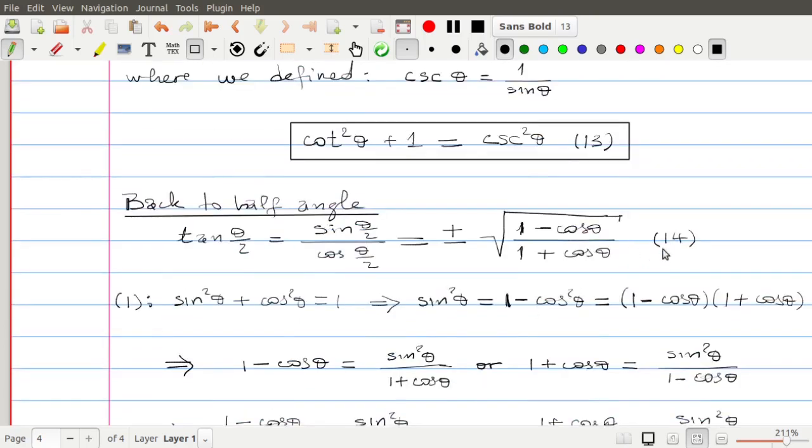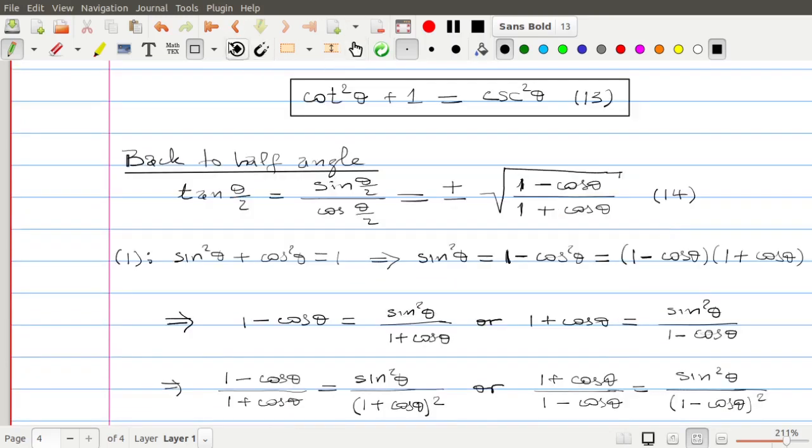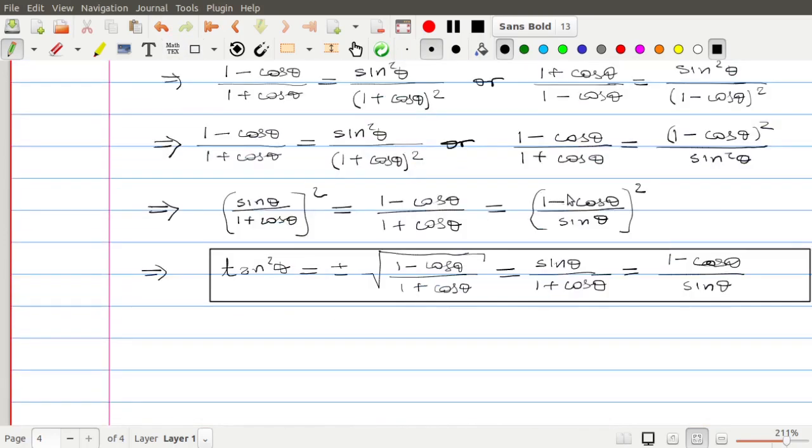And so this 14, actually I can call it 14 prime here. Sorry. But this is our actual 14 because it groups everything.